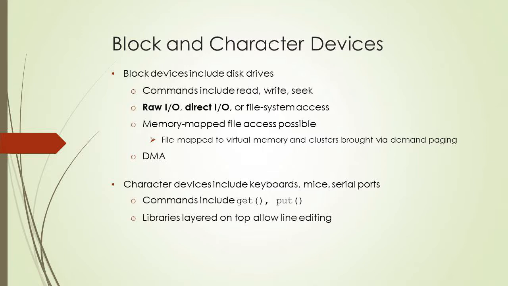Memory-mapped file access is possible: the file is mapped to virtual memory and clusters are brought in via demand paging. DMA. Character devices include keyboard, mouse, serial port. Commands include get and put. Libraries layer line editing on top.